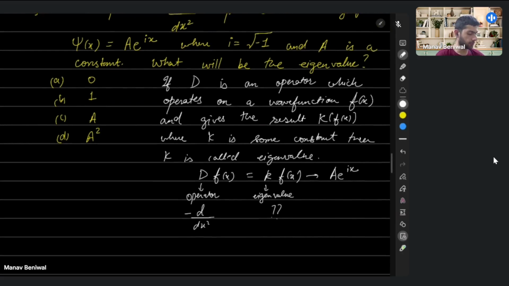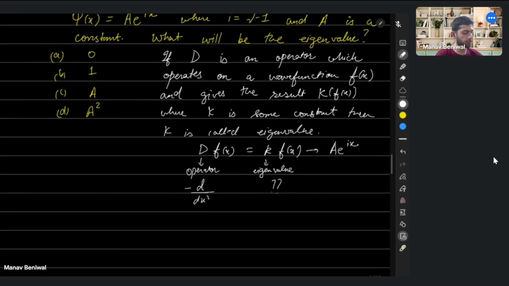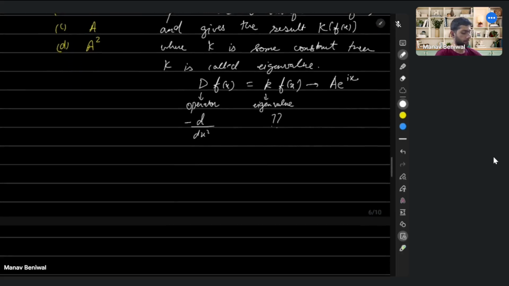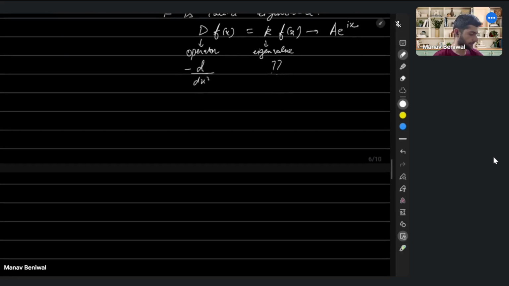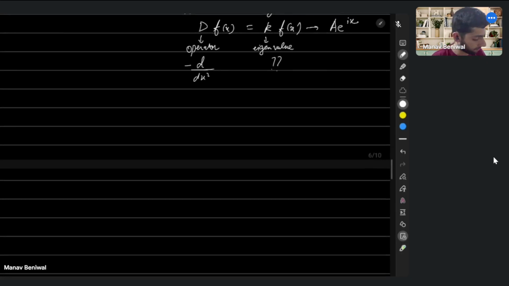So yeah, let's solve this. We have to just operate the operator on the eigenfunction. So we have to compute the value of minus d squared over dx squared of the function a e^(iota x).